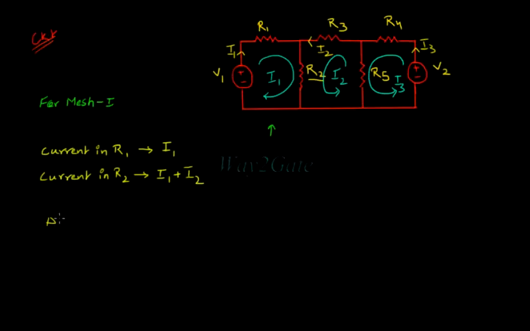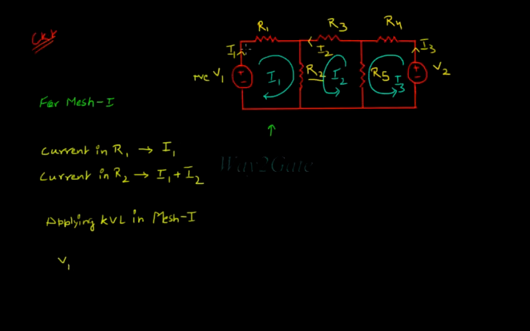On applying KVL in mesh 1, that is, the sum of voltages in a single direction is equal to 0, where V1 is positive due to voltage rise.